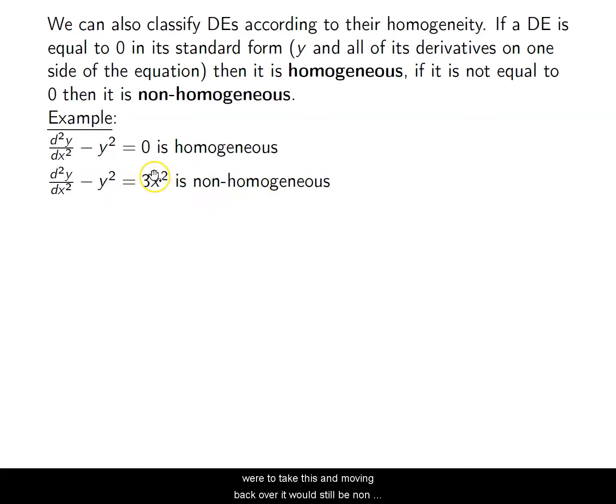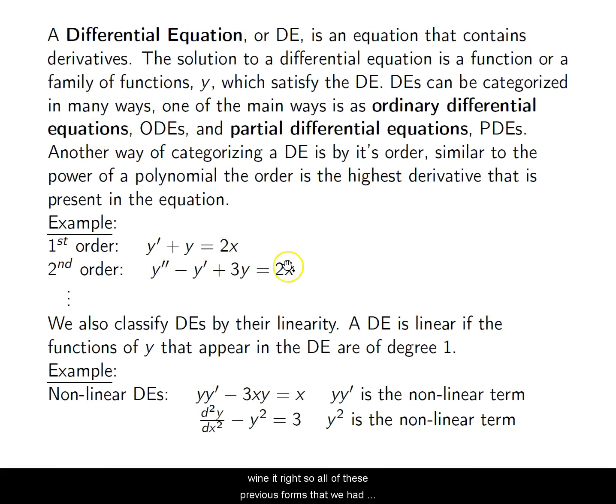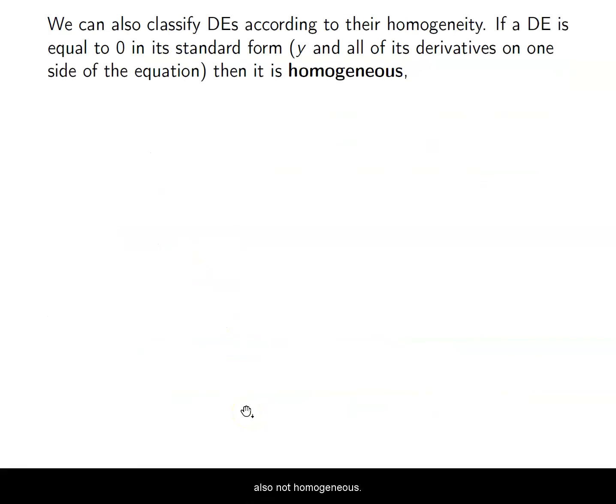Even if I were to move it back over, it would still be non-homogeneous because this doesn't have any powers of y in it. So all of these previous forms that we had here are non-homogeneous as well, right? My DE with its derivative and its functions all on one side is equal to non-zero terms. So all of these are also non-homogeneous.